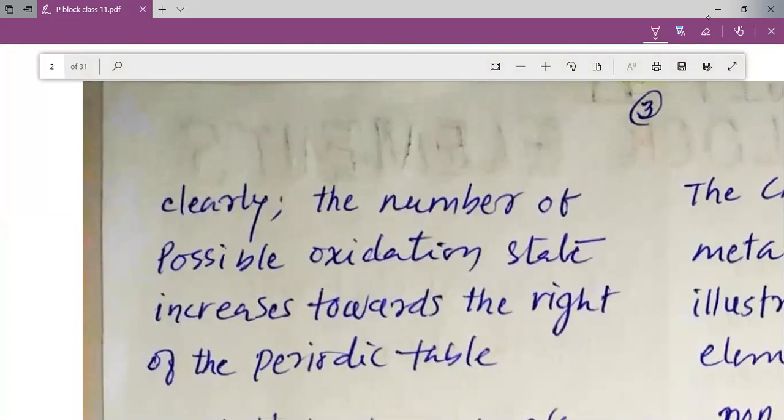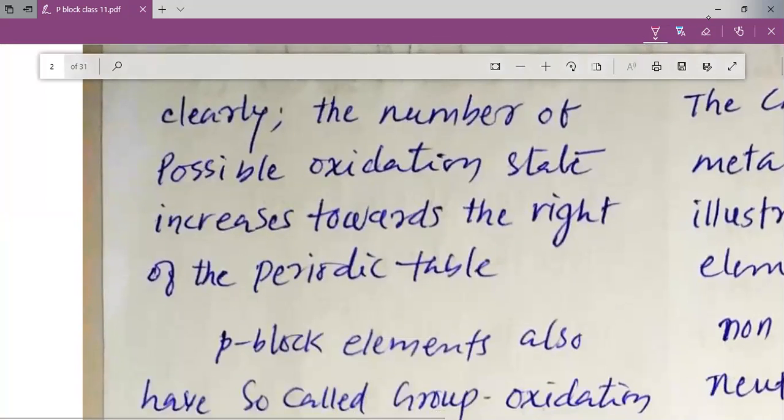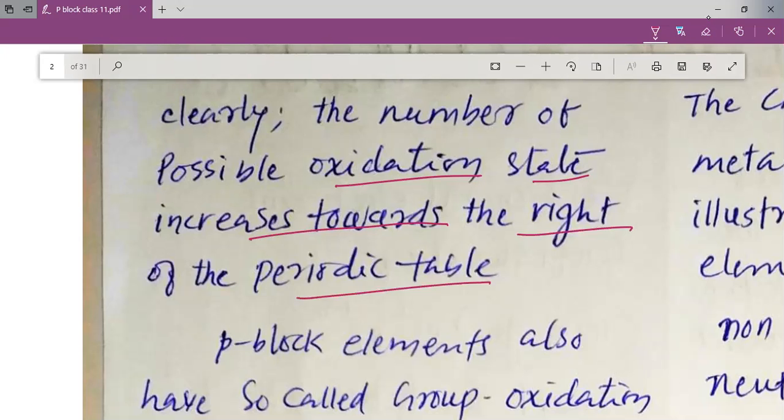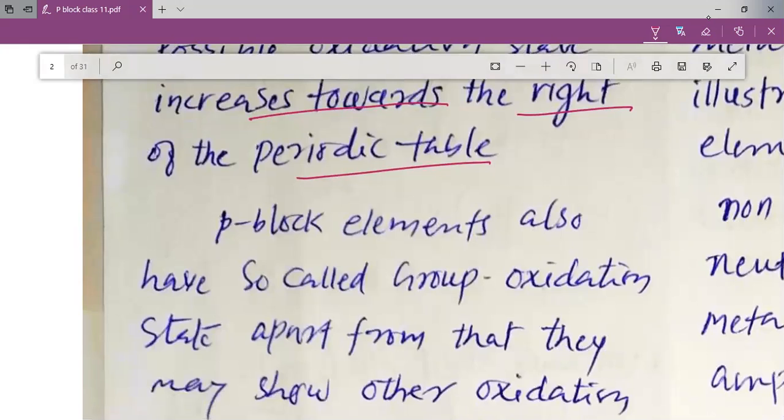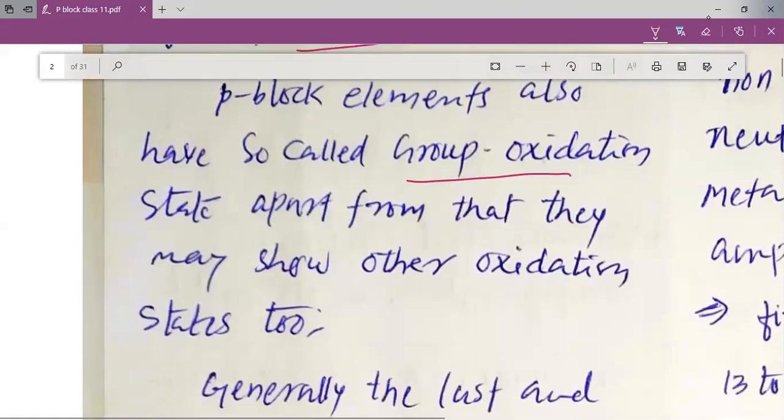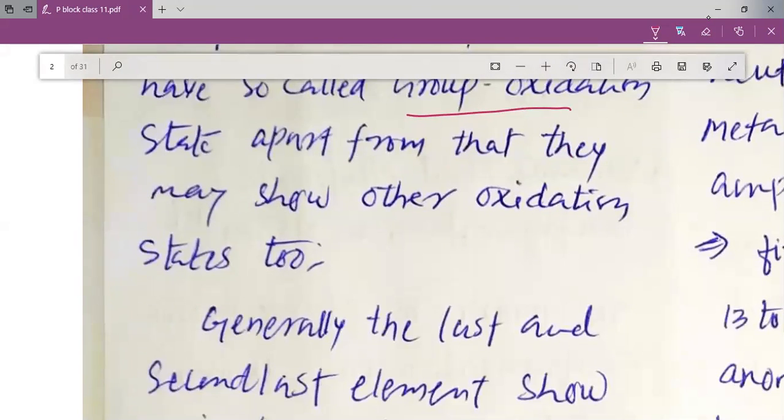So clearly, my dear students, now we can say that the number of possible oxidation states increases towards the right of the periodic table. So as you go to the right side, the number of oxidation states can increase. The p block elements also have a so-called group oxidation state.